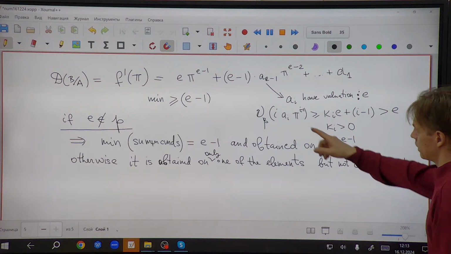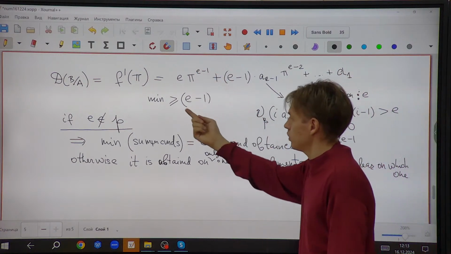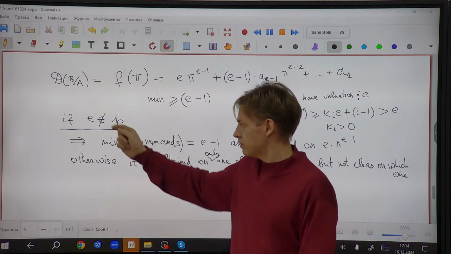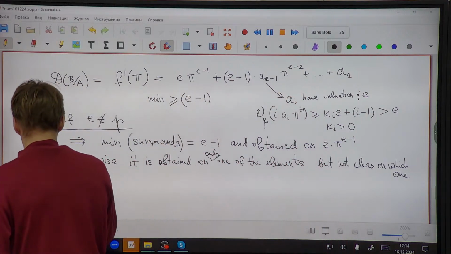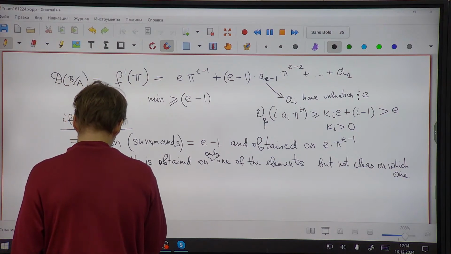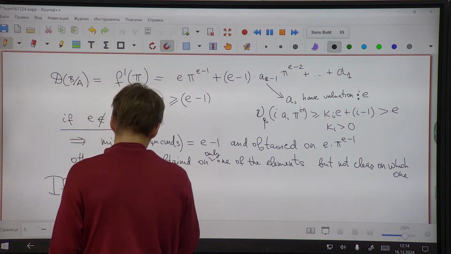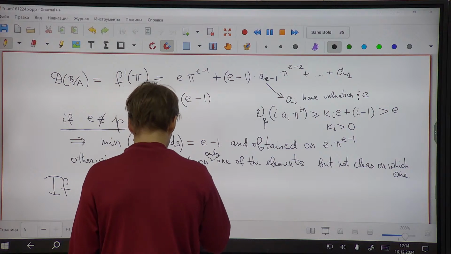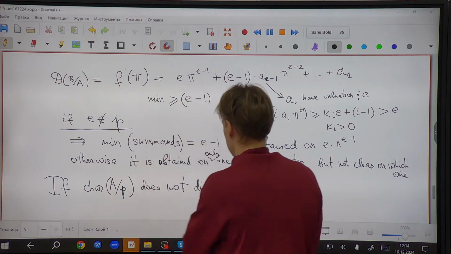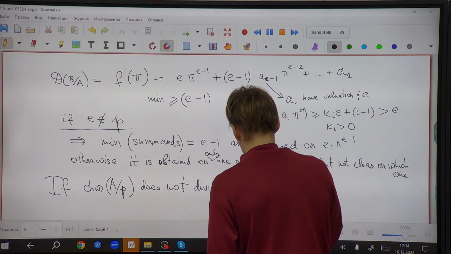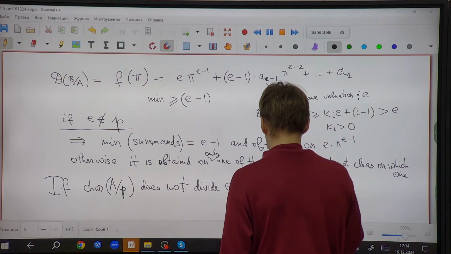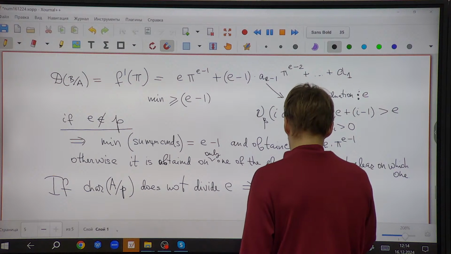So you see in particular that if the characteristic of the residue field does not divide E, this implies that the valuation with respect to beta of the different dB over dA is equal to E minus 1.